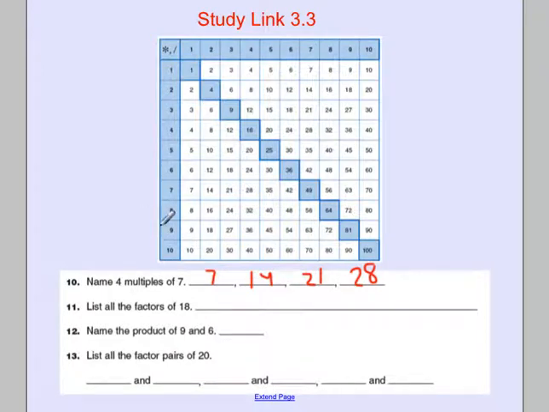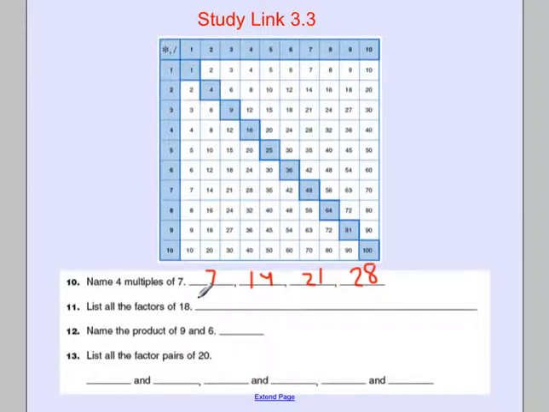If I wanted to list all the factors of 18, I could take a look and see in my chart where all the number 18 showed up. I could do that.